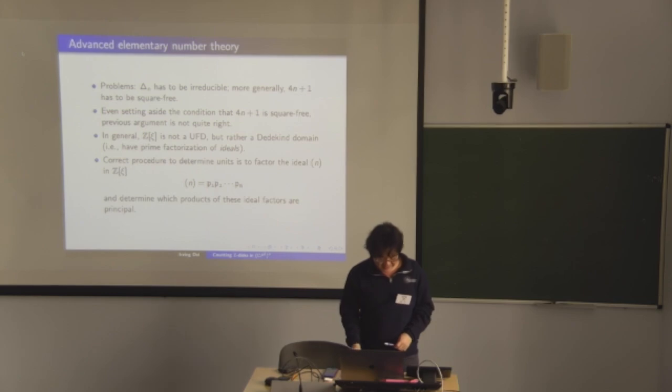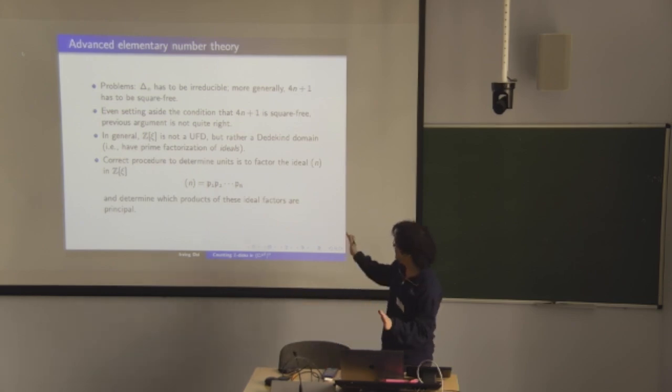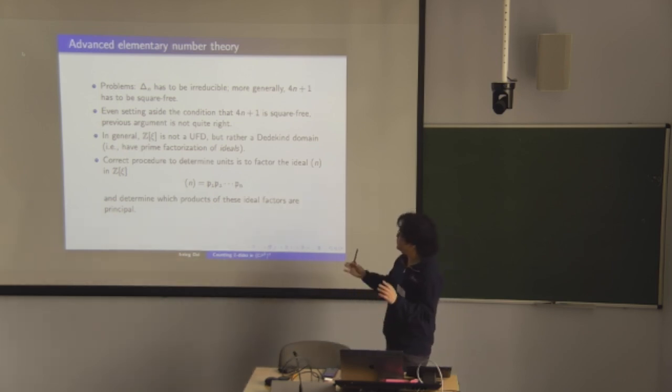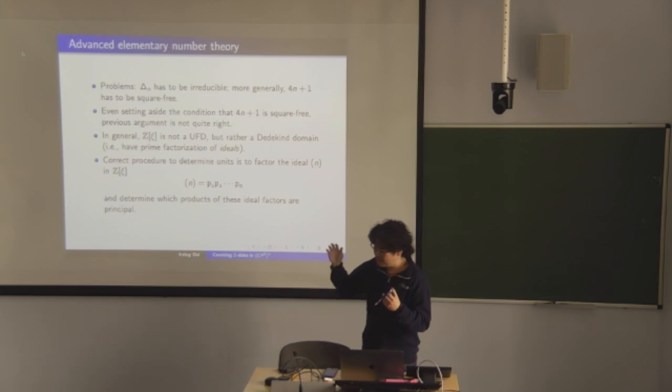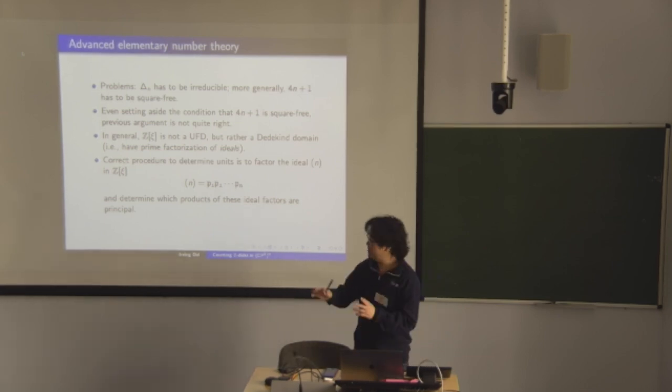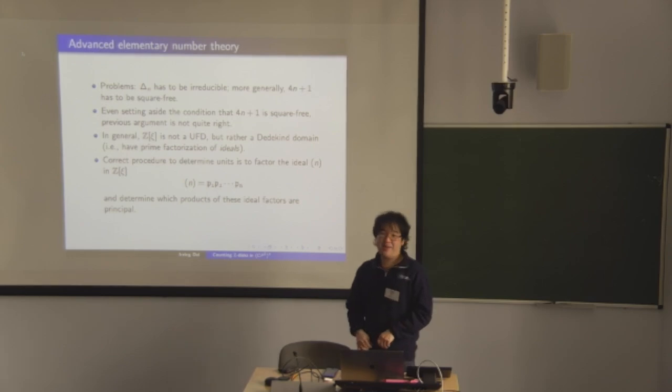Okay, now some clean-up things that I have to tell you. The strategy that I've told you actually has a lot of holes in it. For example, I assumed that the Alexander polynomial was irreducible. I assumed that the thing under the radical was square free. I assumed that Z adjoin chi was a unique factorization domain, which is not actually true.